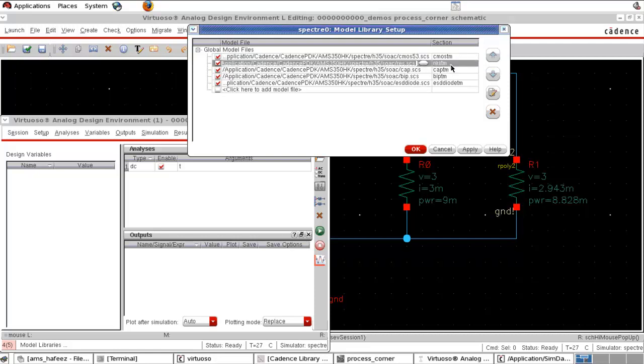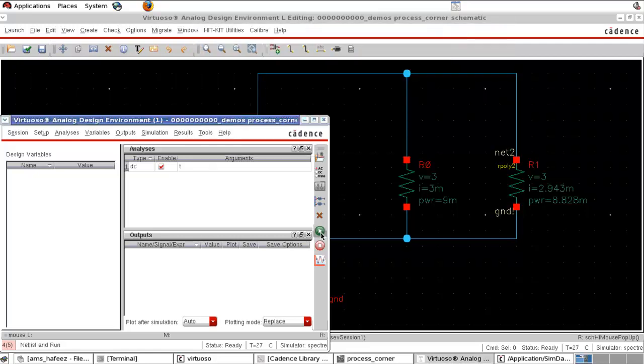The resistance library model file is the resistance typical model. Click on that resistance. You can see the other model files. This is the typical model, and this is resistor for worst power. Worst power means minimum corner, and resistor WS is for worst speed. And this is for Monte Carlo simulation, and we are not explaining Monte Carlo simulation here.